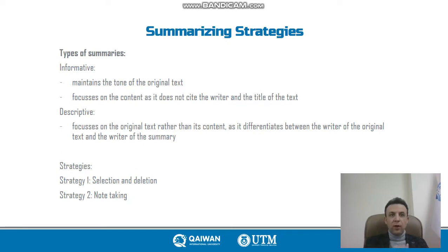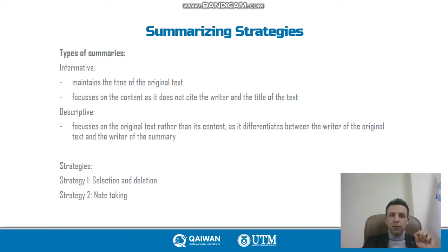On the other hand, we have descriptive summaries, in which we mention the name of the writer, we mention the text or the source. As you can see, we say it focuses on original text rather than its content, as it differentiates between the writer of the original text and the writer of the summary.